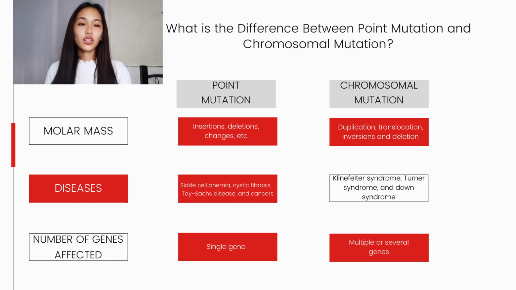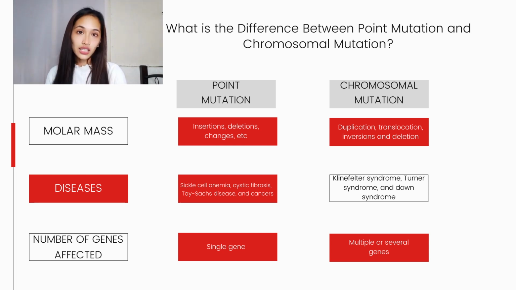Also, point mutations are caused by insertions, deletions, changes, and so on, while chromosomal mutations are caused by duplication, translocation, inversions, deletions, non-disjunction of chromosomes, crossing over, and so on. Therefore, this is the major difference between point mutation and chromosomal mutation.